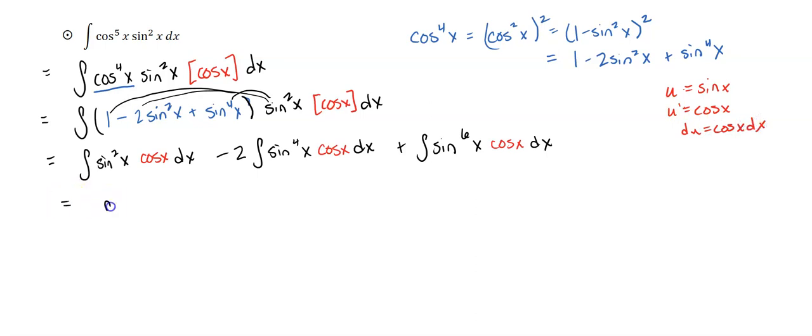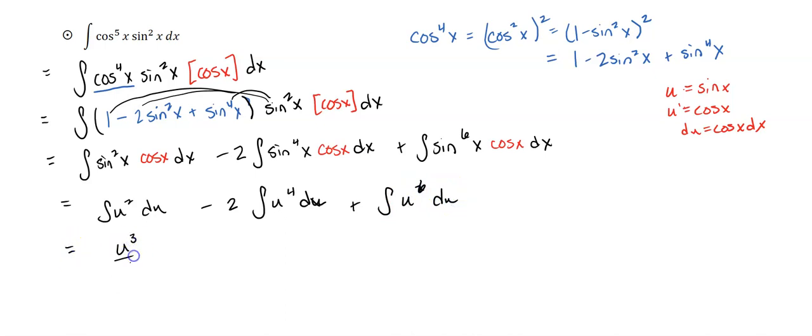So this gives me the integral of u squared du minus 2 times the integral of u to the fourth du plus the integral of u to the sixth du. And this will give me u cubed over 3 minus 2 u to the fifth over 5 plus u to the seventh over 7, all plus c.